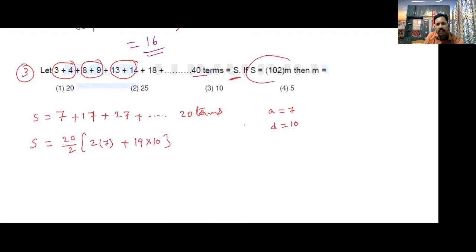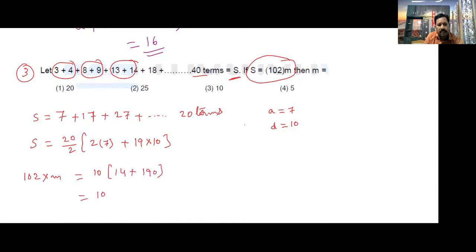Here the s value is already given. How much? 102 into m is equal to 10 into 14 plus 190.